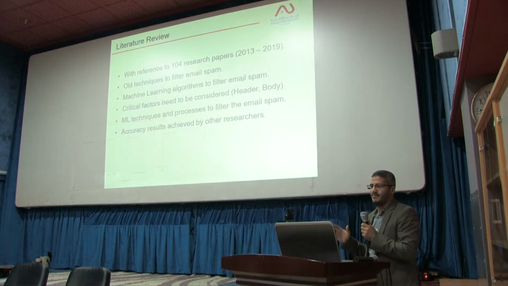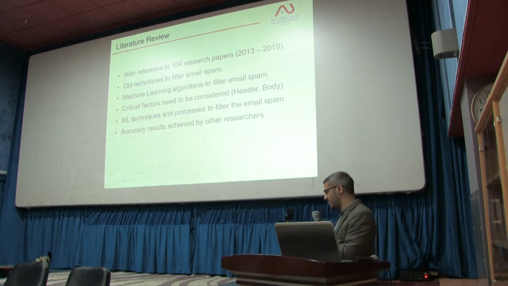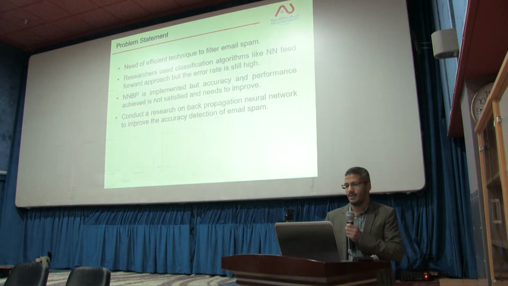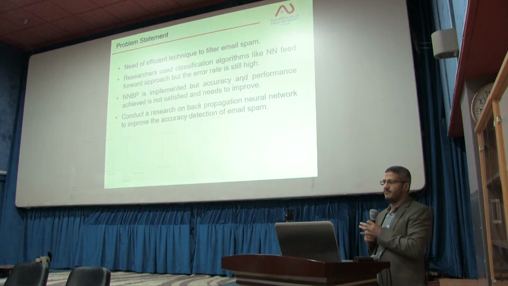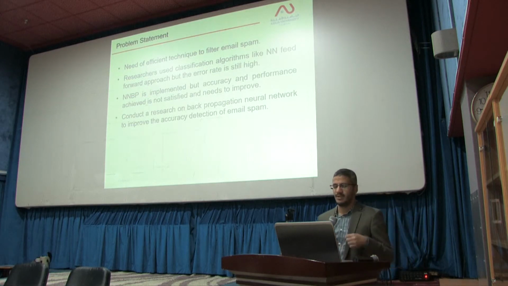With regards to the accuracy results achieved by other researchers, it's obvious that the accuracy is not very high. So we are searching for an efficient technique to filter the email spam.